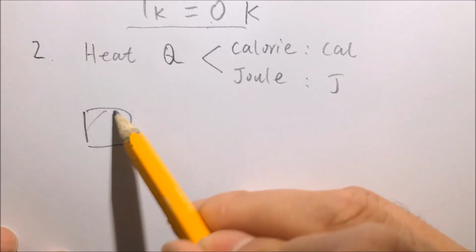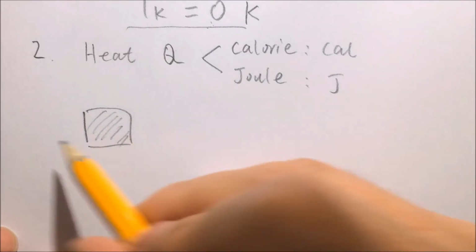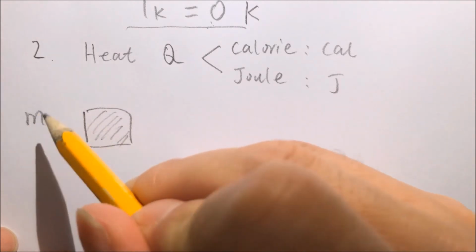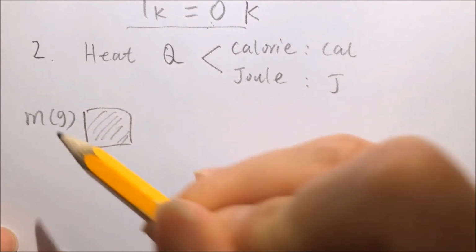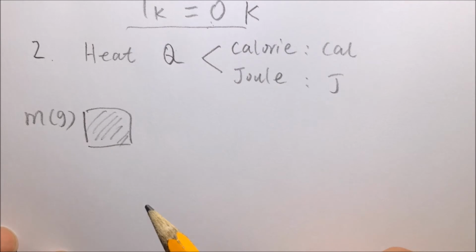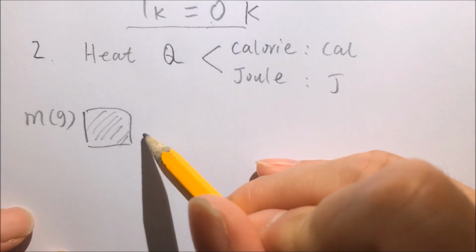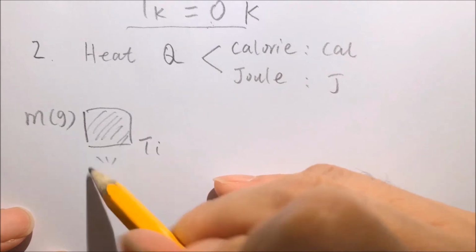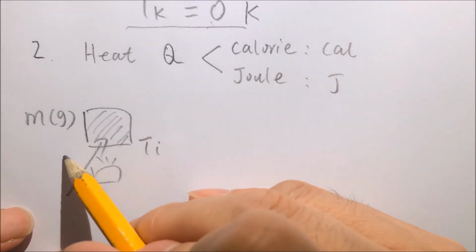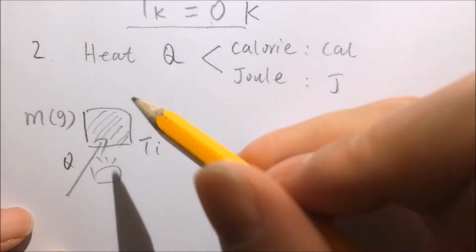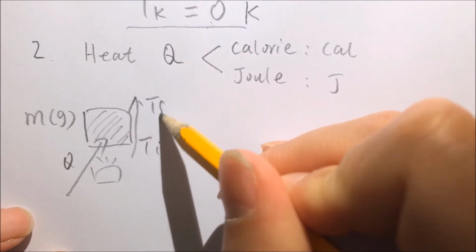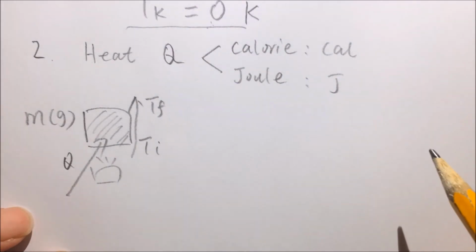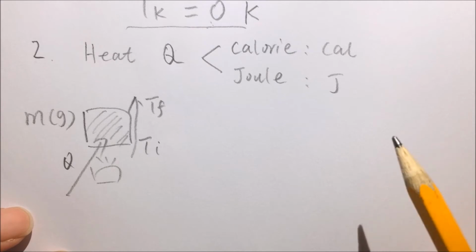If you have an object that has a mass m in gram, today we use gram for the unit, and it has the initial temperature Ti, and then you warm it up, supply the heat. The temperature is going to go up to TF. Then there's the equation to describe this process.